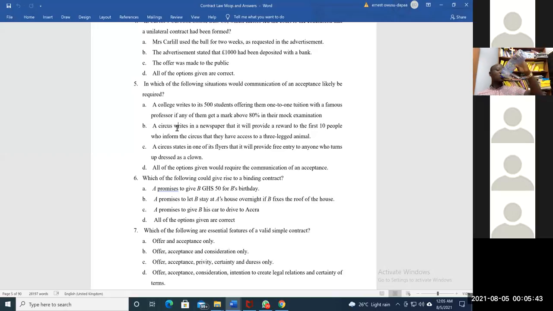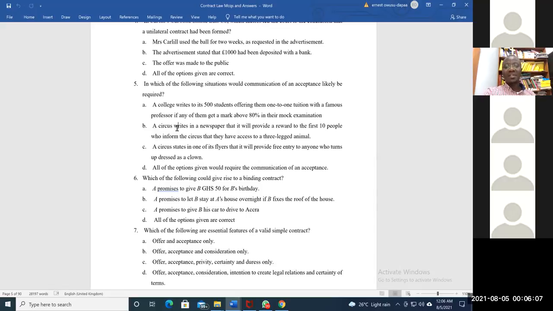Then we go to C. It says a circus states in one of its flyers that it will provide free entry to anybody who dresses up. So that one too is a promise for a specific performance. It doesn't require any communication, so C is struck out. Then D says all of the above, so we will not even go there.